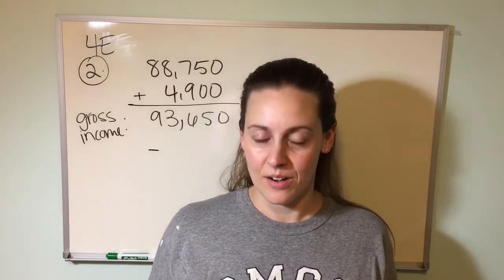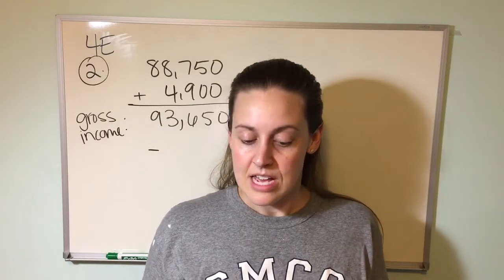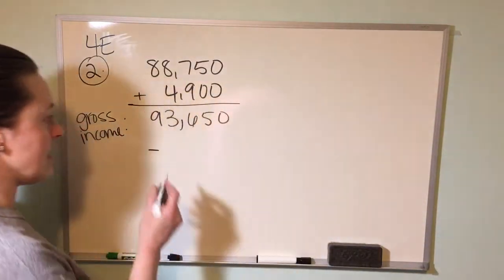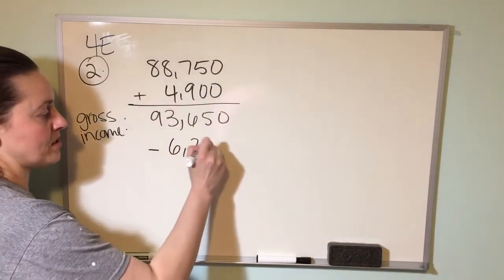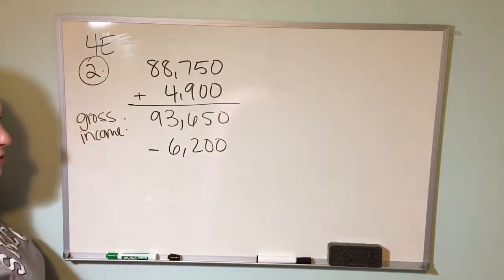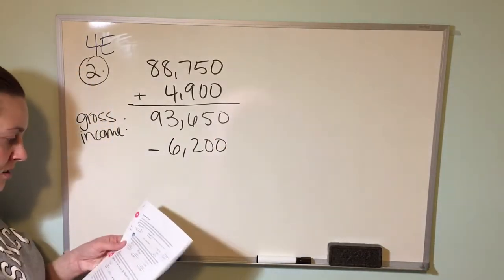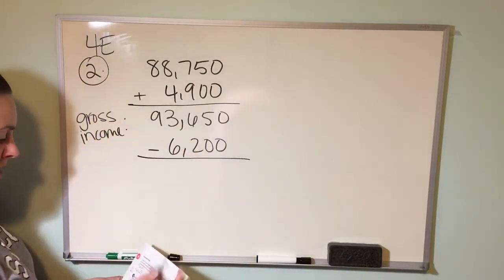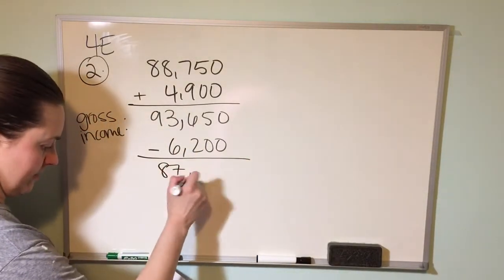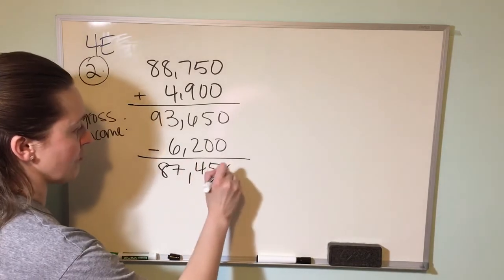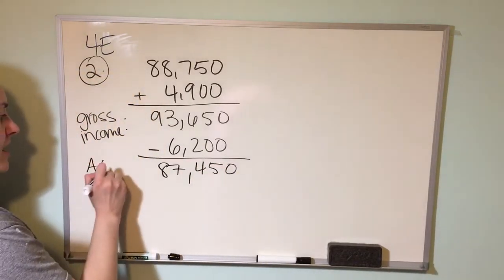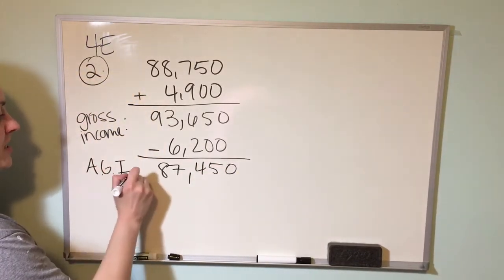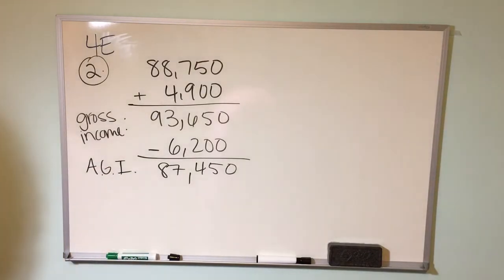Those will come later. So in Marie's case, she contributed $6,200 to her tax-deferred retirement plan. So that is her only adjustment. So now we subtract those and we get $87,450. This is her AGI, her adjusted gross income.